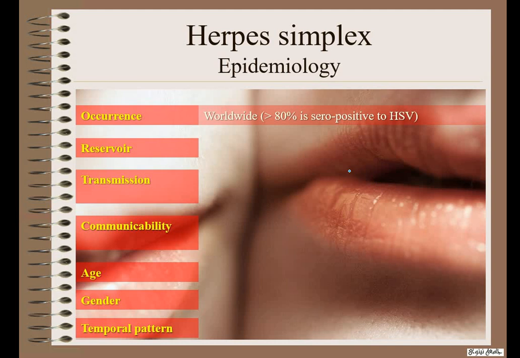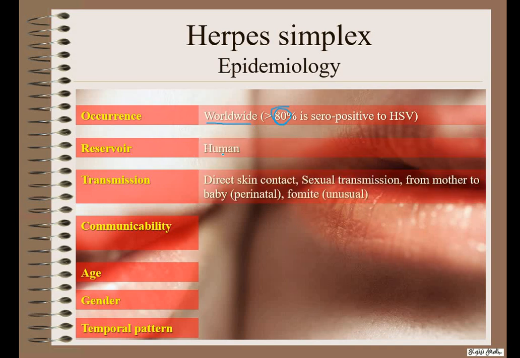Regarding the epidemiology of herpes simplex, it is a disease that occurs worldwide. 80% of the population are seropositive against herpes simplex virus. Regarding transmission, the only way of transmission of the virus from one person to another is usually by direct skin contact.